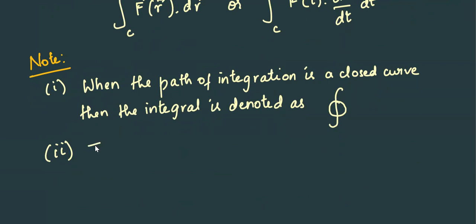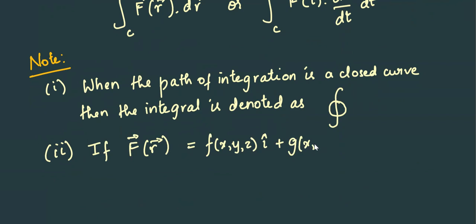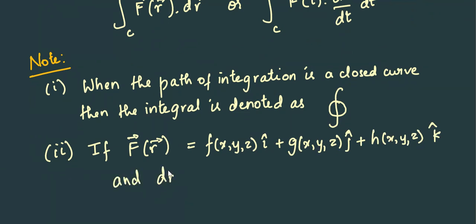Now next, if f of r is f of x, y, z times i plus g of x, y, z times j plus h of x, y, z of k, and dr is i dx plus j dy plus k dz, because r is xi plus yj plus zk, so dr will be dx i cap plus dy j cap plus dz k cap.